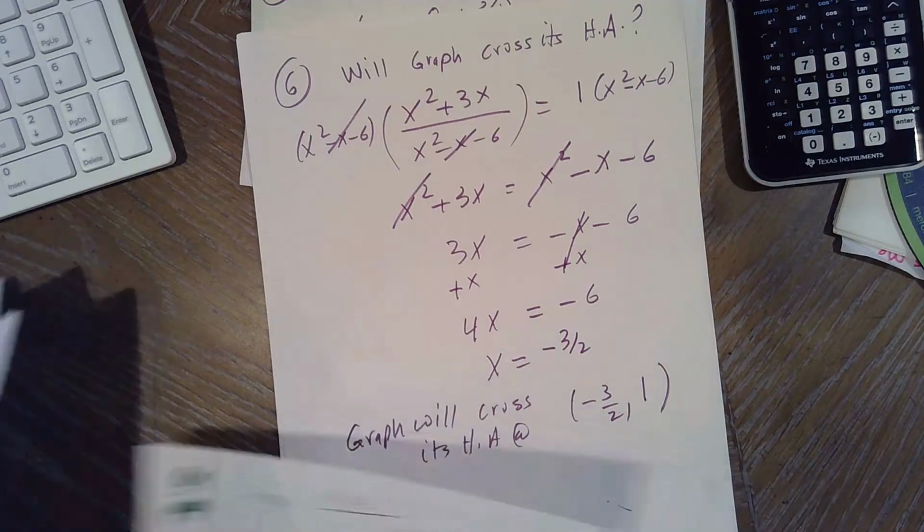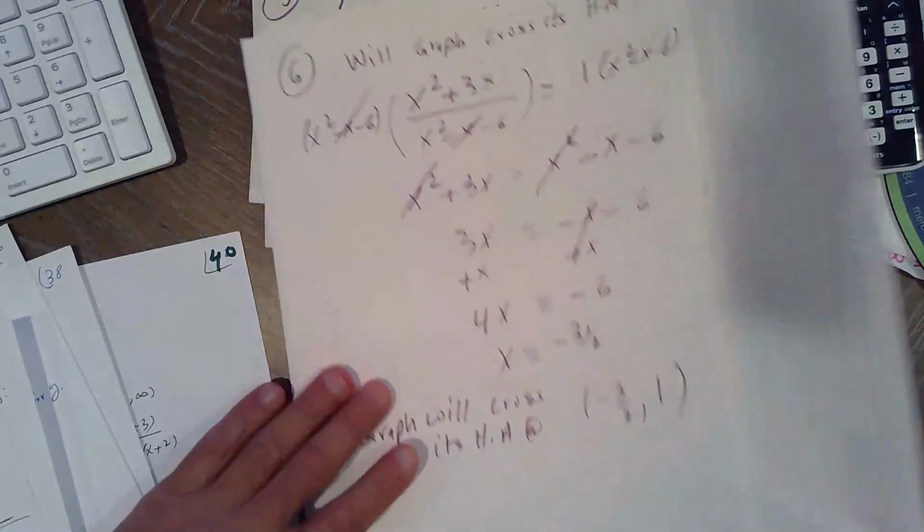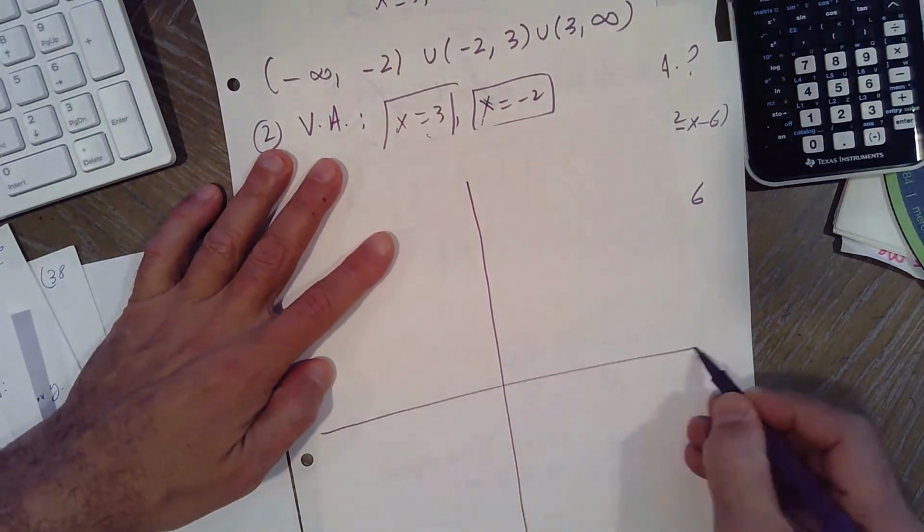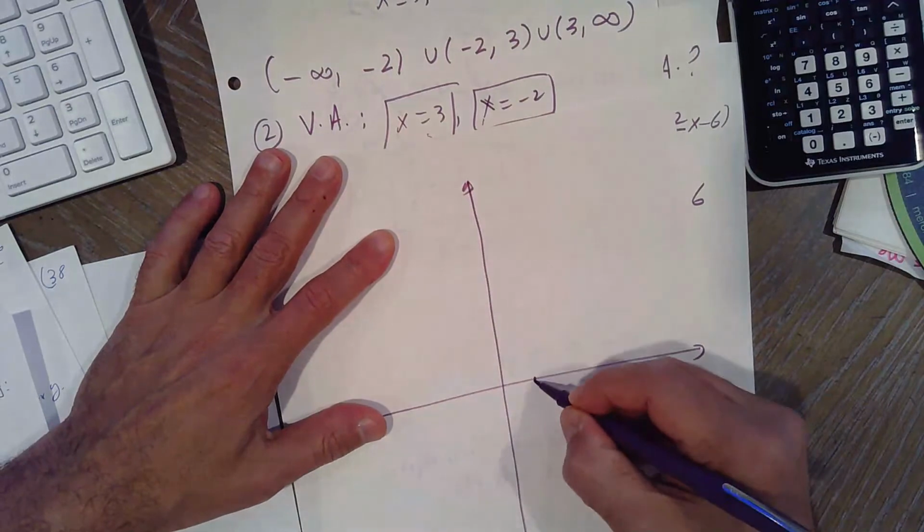And then if you graph it, putting all this stuff together, first the vertical asymptotes are at x equal 3, x equal negative 2.